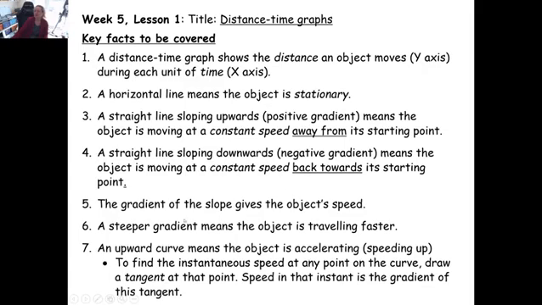The gradient of the slope gives you the object's speed, and the steeper that is, it means it's travelling faster. And if you have an upward curve, it means the object is accelerating, and we have gone through how to find the instantaneous speed at any point of that journey by drawing a tangent and working out the gradient.